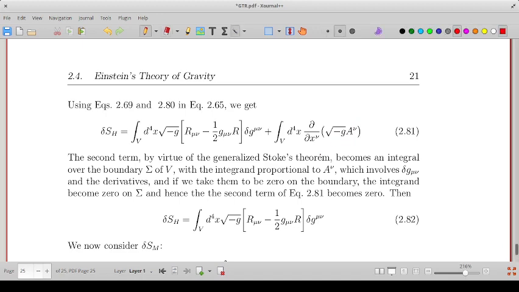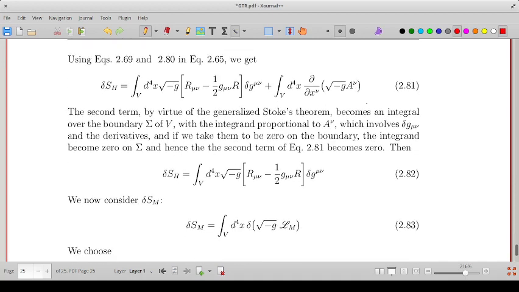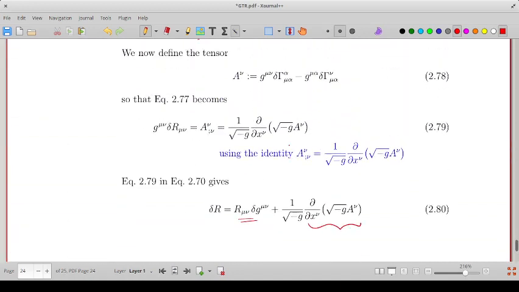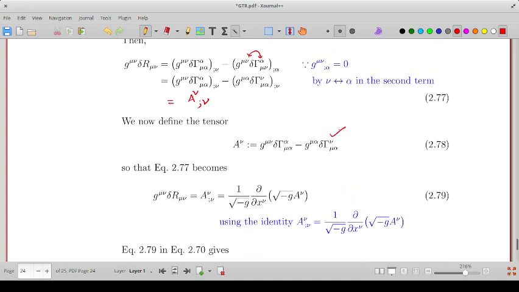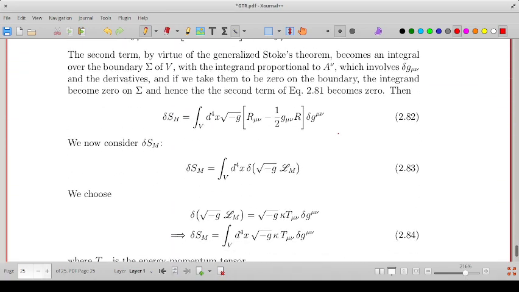So there is a generalized Stokes theorem which will take this to an integral over the surface of this quantity, and that will be proportional to this object, and we see that this object A nu is given by this, and which is proportional to the metric tensor and variation in the Christoffel symbols, which involves the variations in the metric tensor delta g mu nu.